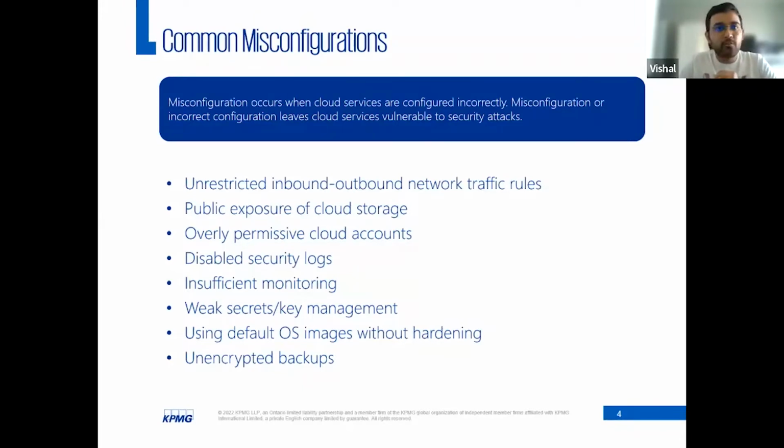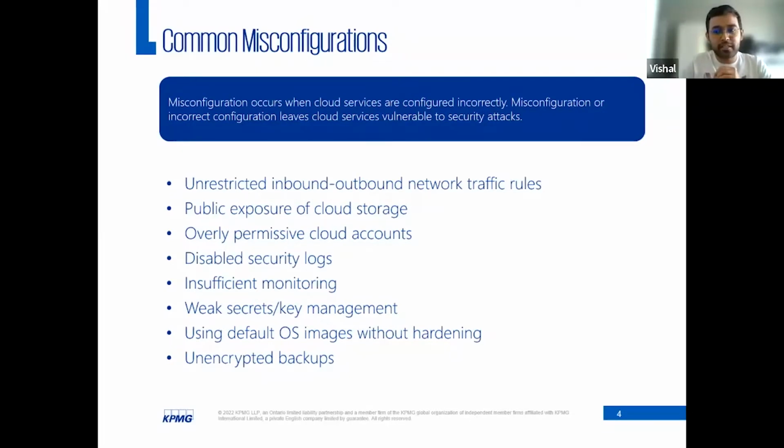As an example, the outbound rule for the majority of service providers allows outbound traffic to the internet. That may be for various reasons, for the services to communicate with the cloud service provider and other components. But depending on your requirements, you need to decide whether to tighten those configurations, because imagine if your compute instance or virtual machine is compromised, that machine can talk to the internet unrestricted. That is one of the very common misconfigurations that we see based on our experience.